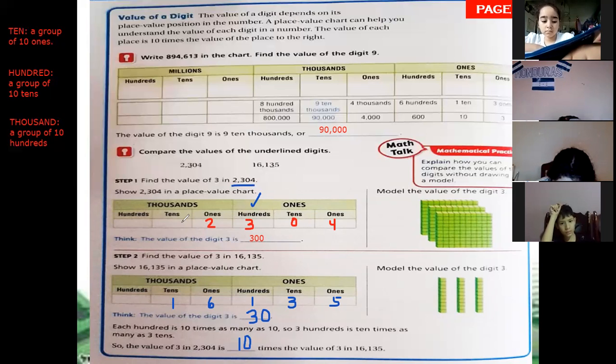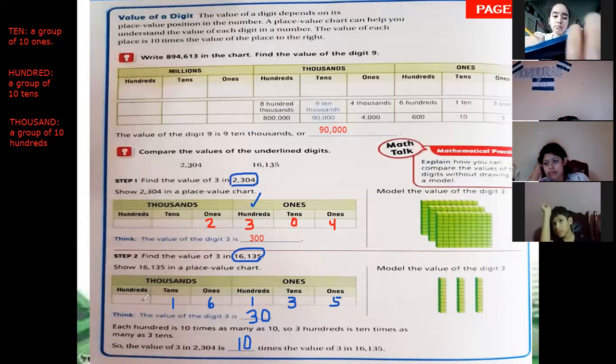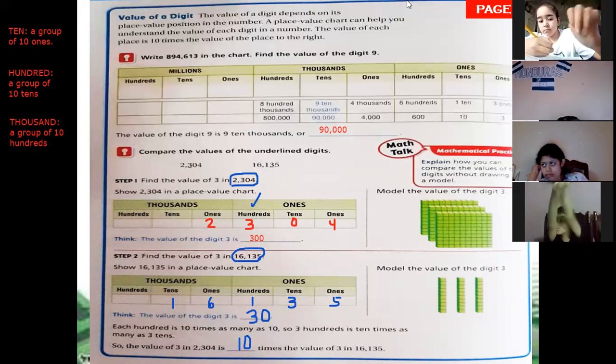So that's why we don't add another number, because this is the amount we are working with, 2,304. So these 2 spaces are empty. And in this case it is 16,135, 5 digits. So we complete the table, only 5 spaces. Copy, right? You finished?